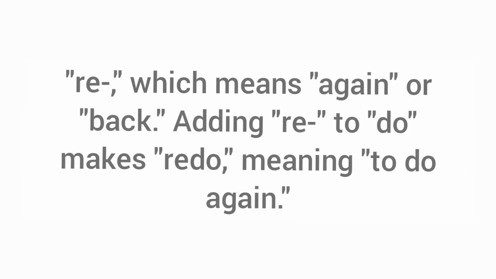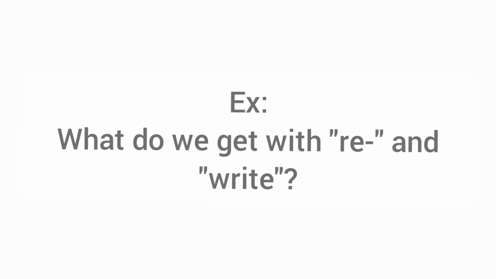Another common prefix is "re", which means again or back. Adding "re" to "do" makes "redo", meaning to do again. Let's see some examples. What do we get with "re" and "write"?